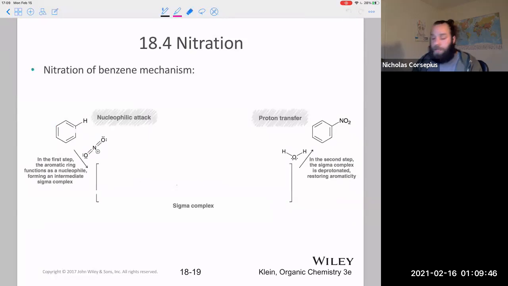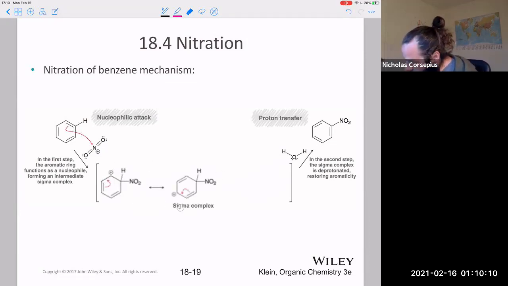So then what's going to happen? You guys should actually be able to pause and do this reaction mechanism on your own before I go through it, because it just follows the same sort of pattern that we've been doing over and over again, right? What's my nucleophile? The ring, correct. What's the electrophile? In this case, it's this fancy nitronium ion. So that's going to reach out and grab that. What's that going to form?